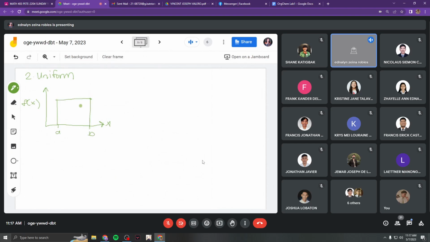So from this graph, what is the definition of a uniform distribution? So can someone tell me, seeing this graph, you can now define what is a uniform distribution, but can you define for me what is a uniform distribution? Anyone? Kindly define what is a uniform distribution based on the graph given.